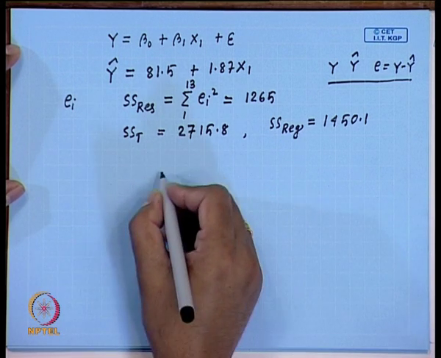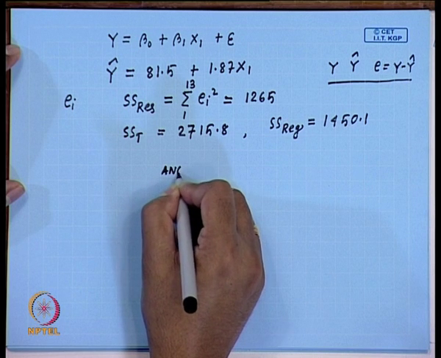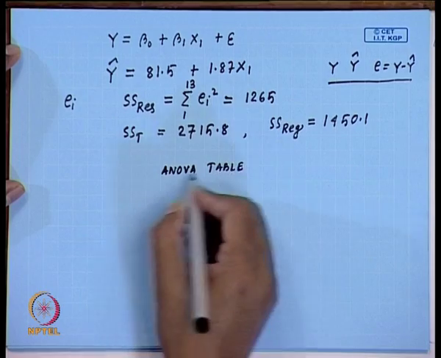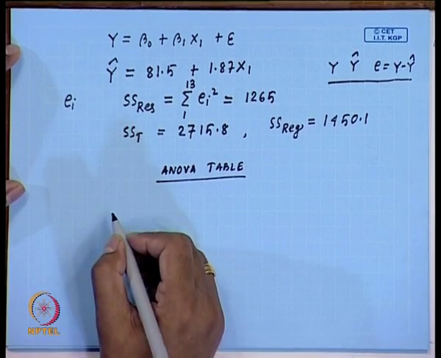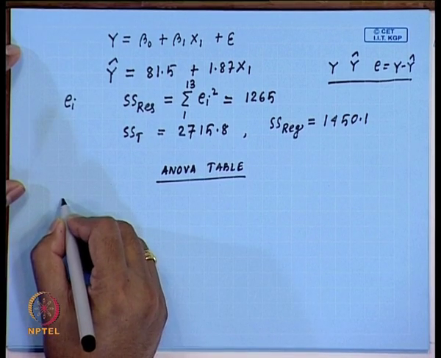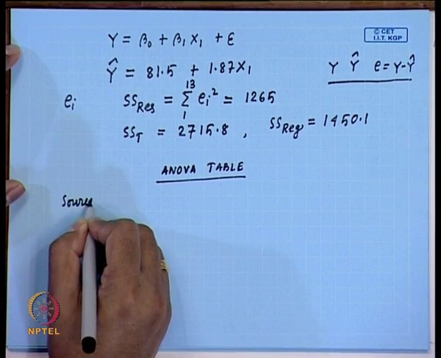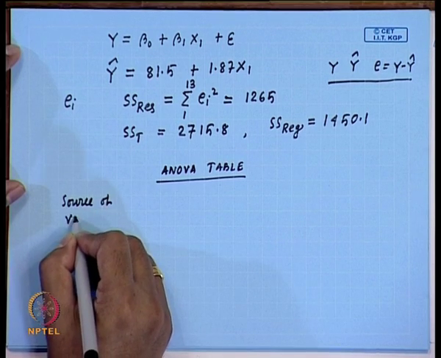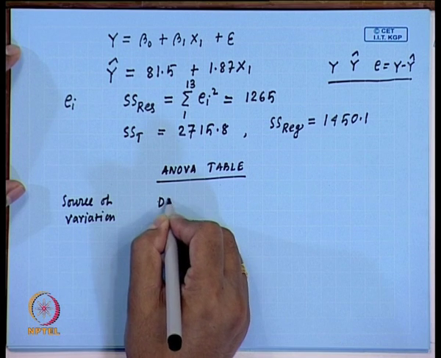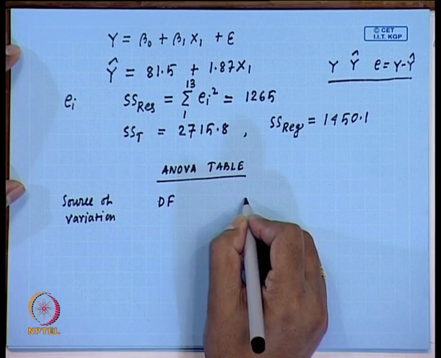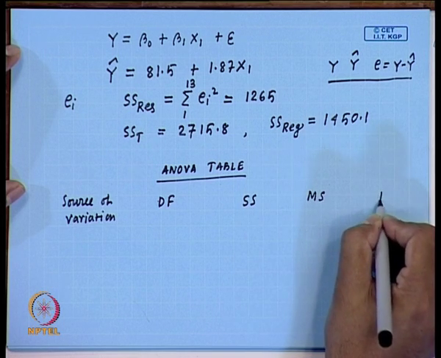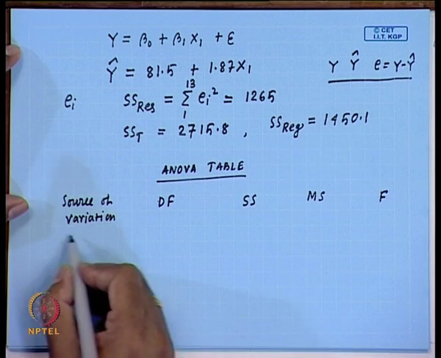Now, we can have the ANOVA table for this model. In the ANOVA table you write the source of variation, degree of freedom, SS, MS, and the F statistic.